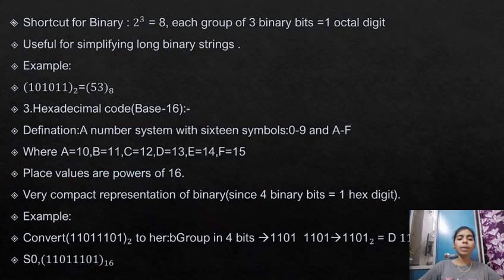Place values are powers of 16. It is a very compact representation of binary, since 4 binary bits equal 1 hexadecimal digit. In the example, we group the bits in 4 bits, and if we divide it, 1101, we divide from left to right.